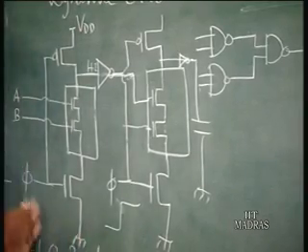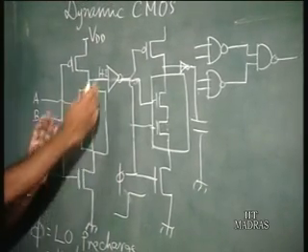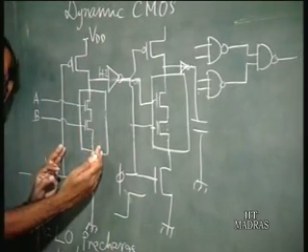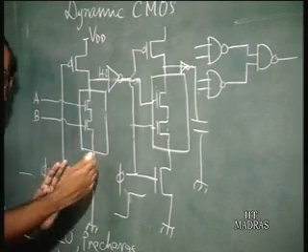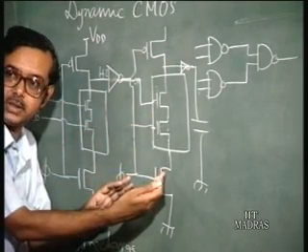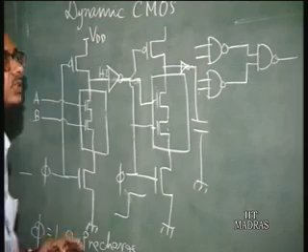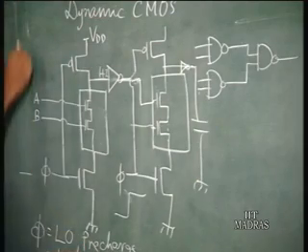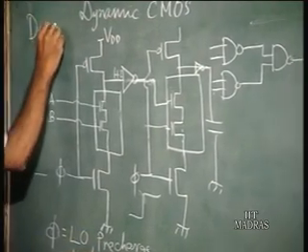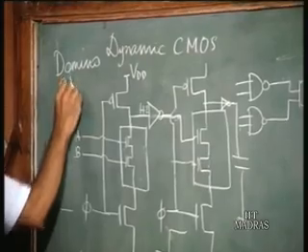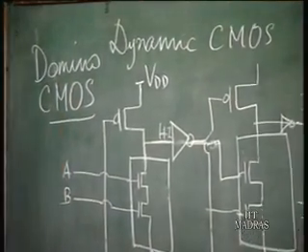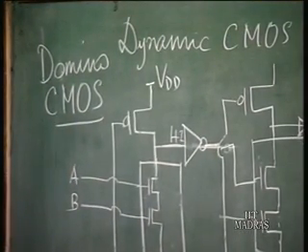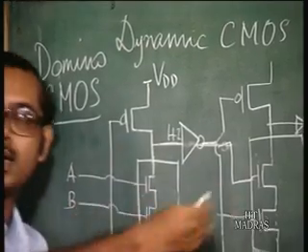So you see what happens is, first the output of the first stage will change, and depending on that, the next stage will change like that. So this particular circuit is called a domino CMOS circuit, because the changes happen one after the other.